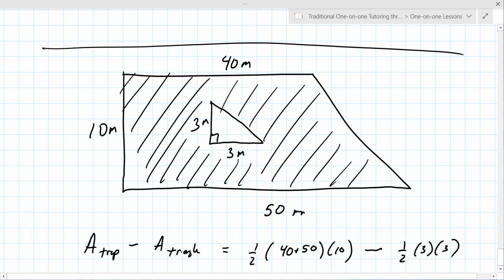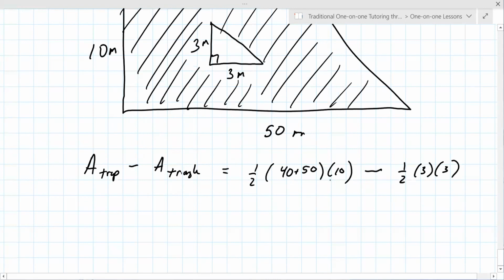So 900 minus 9, but it's half, so 450 minus 9, so 441. Well, this is 9 divided by 2, so it's 4.5. And then it's meters squared. So you'd get 445.5 meters squared.